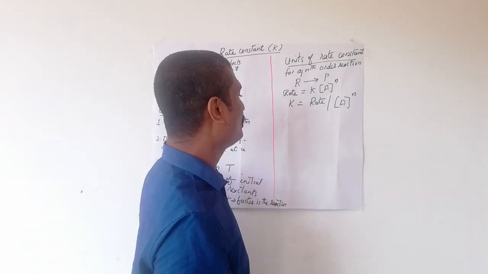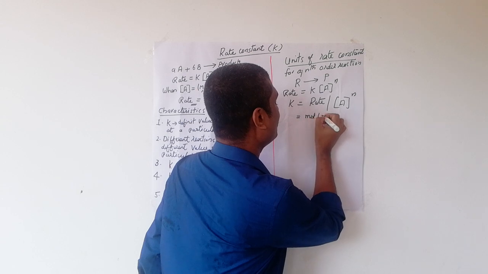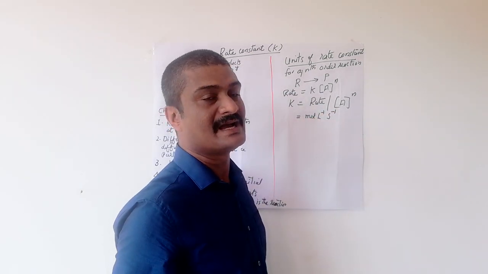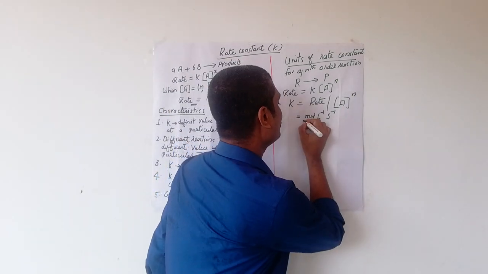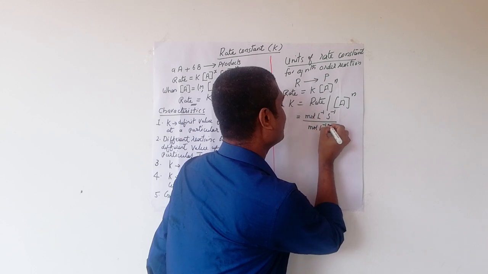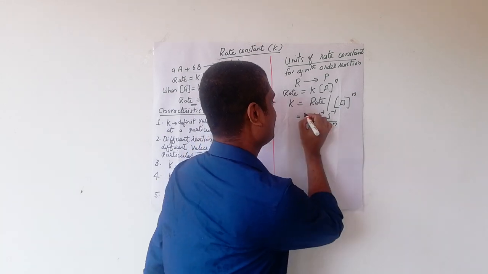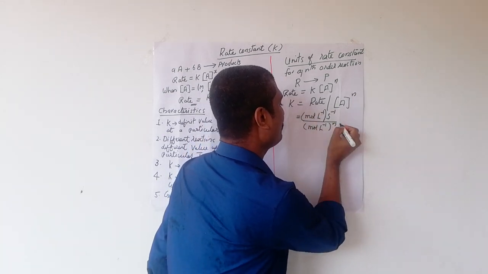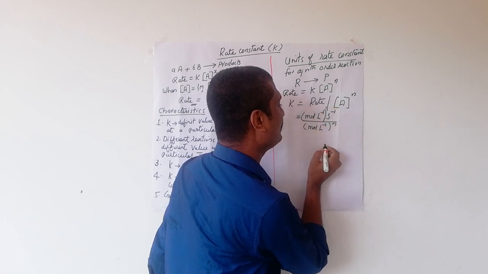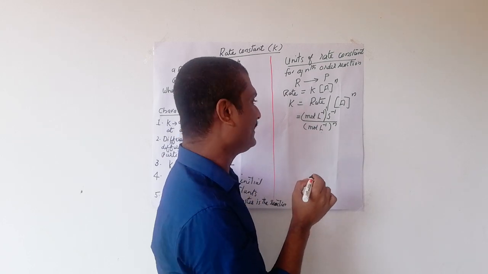We know the unit of rate is mol liter inverse second inverse, and the unit of molar concentration is (mol liter inverse) whole raised to n. This is of the form x raised to m by x raised to n. Here the power of mol liter raised to minus 1 is 1 in the numerator and n in the denominator.